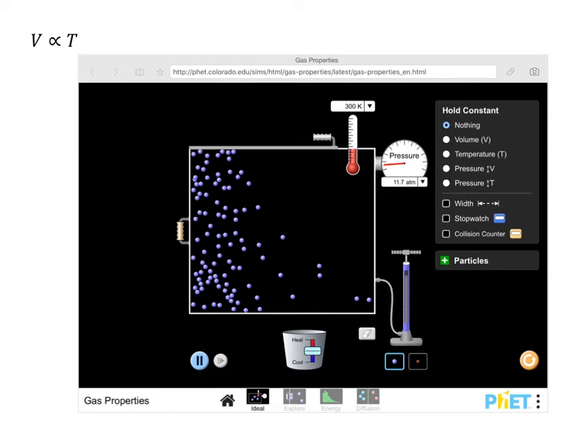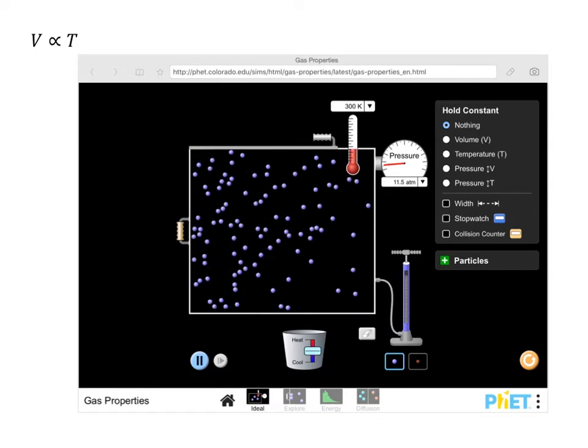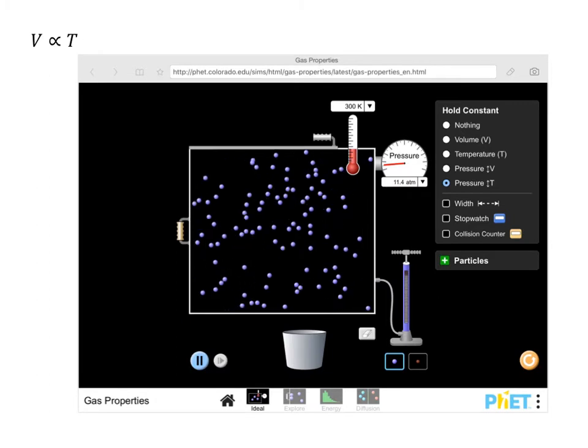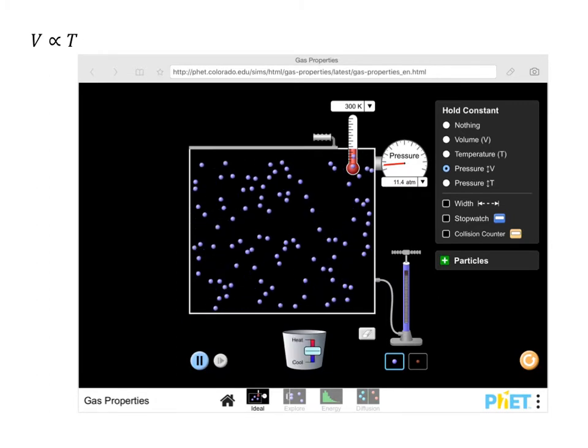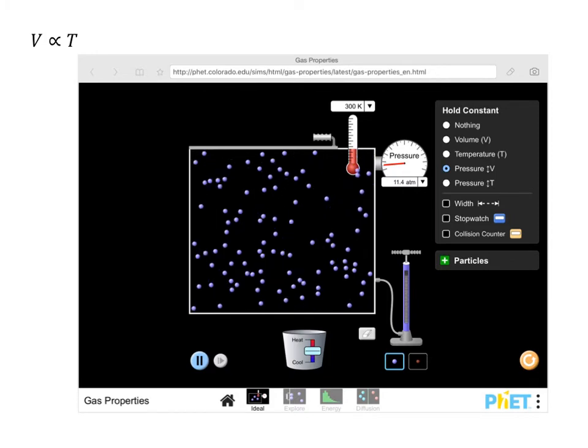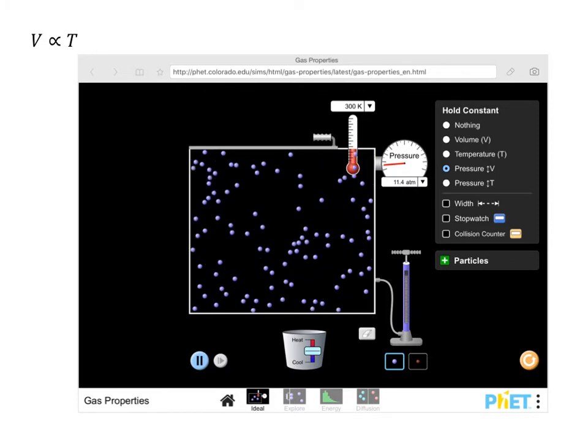I need to keep the pressure constant, and I'm going to be changing the temperature, so I want the volume to be able to change. So I'm going to select that pressure, keeping it constant.